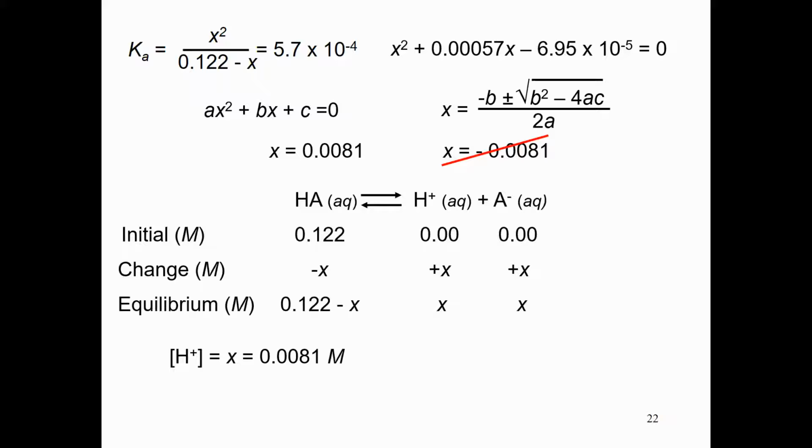And that's going to tell me my pH by doing the negative log of 8.1 times 10 to the negative 3. Whatever that is, that's my pH. So what is it? 2.094. Okay, so that's our pH.